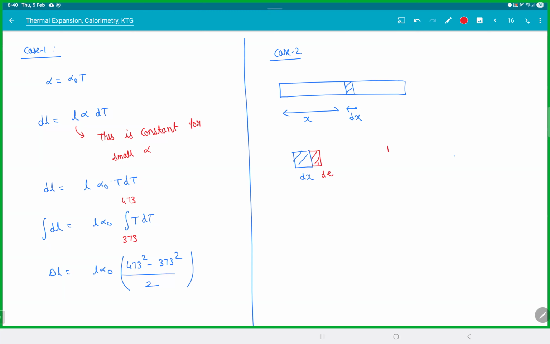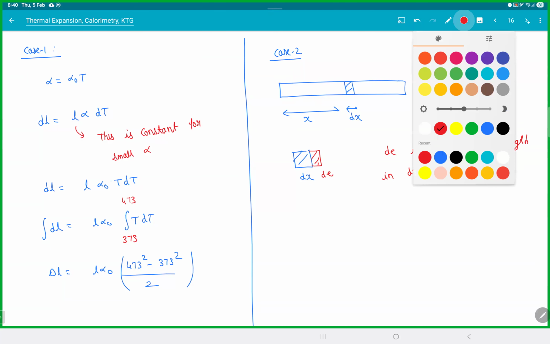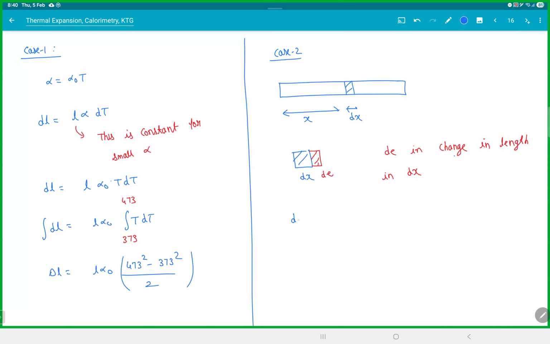So de is the change in length in dx. We have done this in elasticity if you remember, for variable tensions. So we get de, the length of the rod dx, alpha naught x, that is your alpha, into delta T.